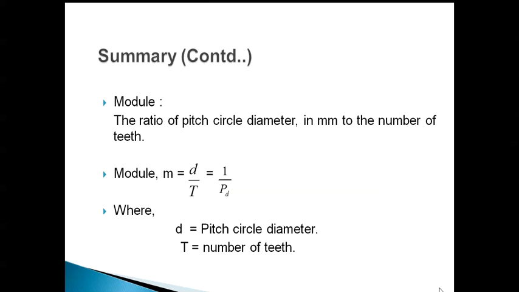Next is the compound gear train. In a compound gear train, the intermediate shaft consists of two gears, which are also used to transmit the power from one shaft to another shaft. A reverted gear train is another form of compound gear train where the driver and driven axes are collinear.